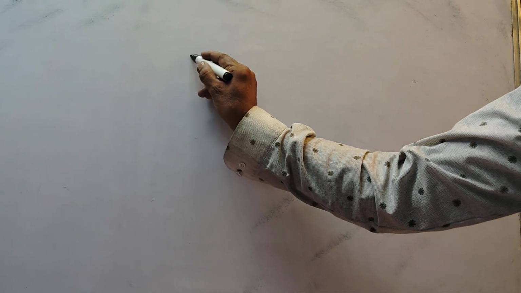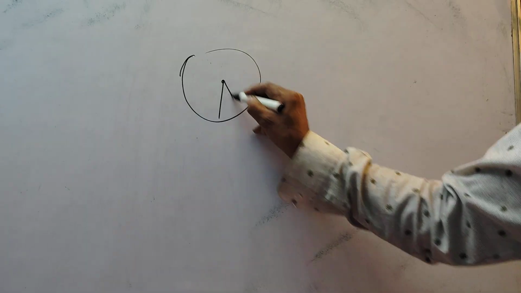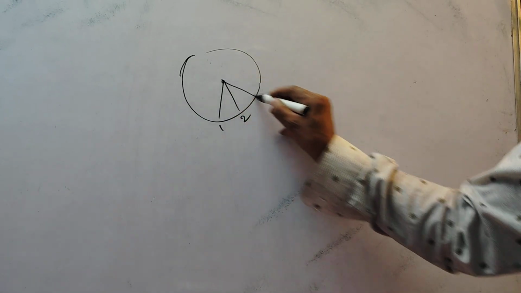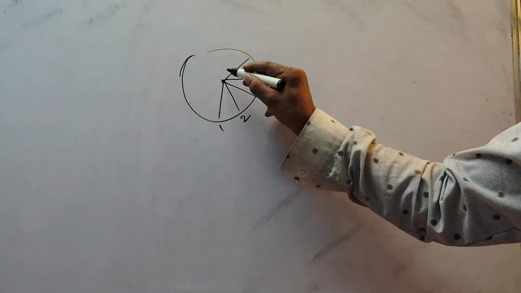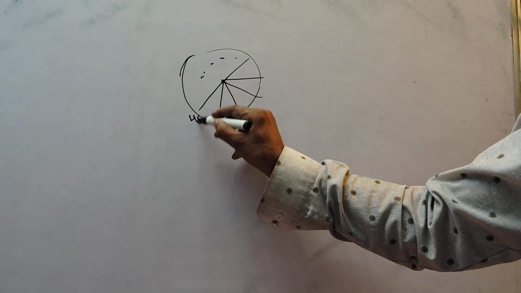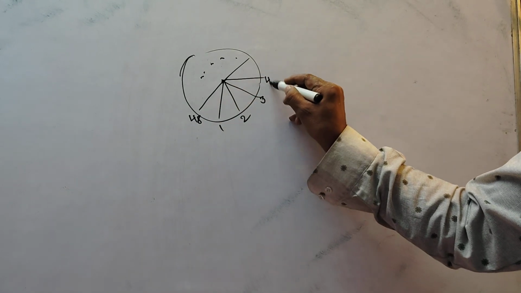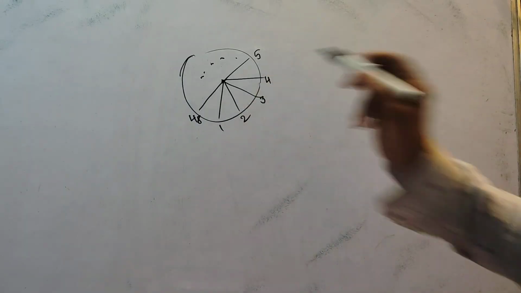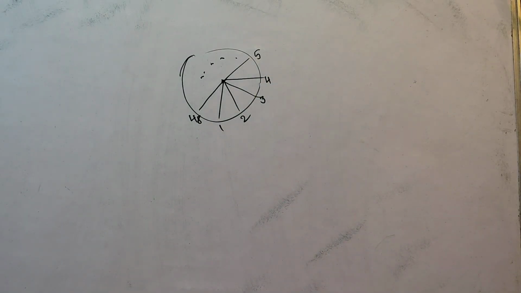Next question is, if the bicycle wheel has 48 spokes, then the angle between a pair of two consecutive spokes is what?